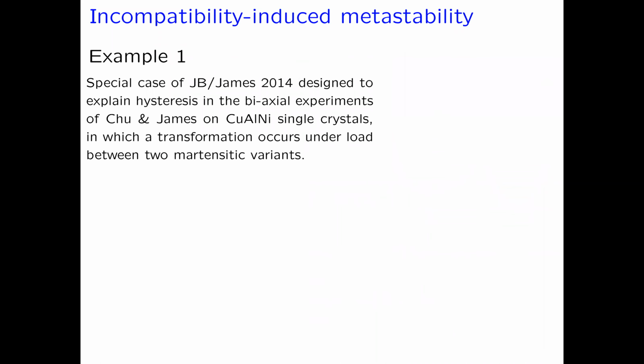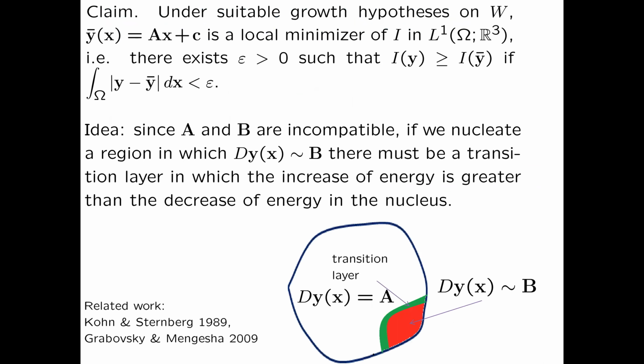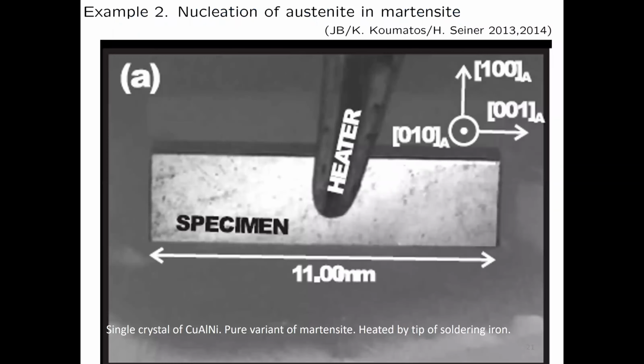Okay, now I'm going to show you a very interesting movie. So before I show you the movie, this is going to be nucleation of austenite and martensite. And these are, again, by this amazing experimentalist from China. So here's a lump of copper, aluminum, nickel, single crystal, and you have to do this carefully, but this is a single crystal of martensite.